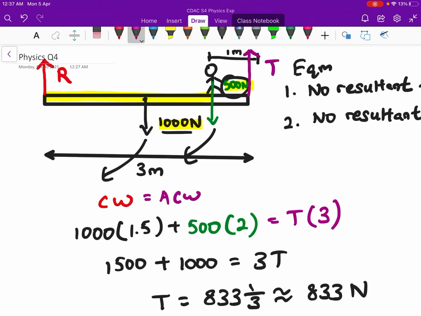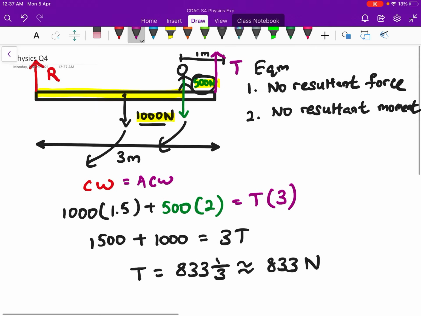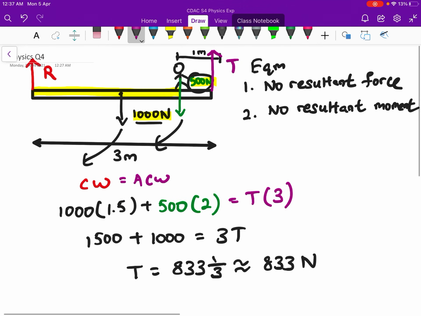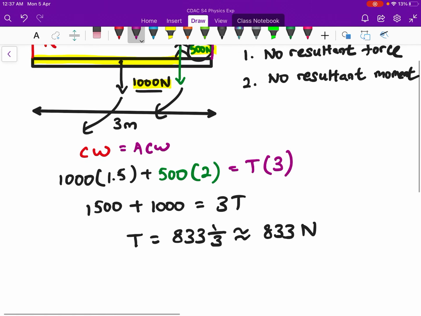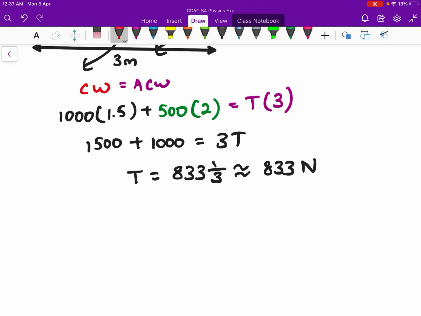So there are two upward forces and two downward forces. To be in equilibrium, there should be no resultant force. So R plus T must equal 1000 plus 500. Upward must equal downward force.